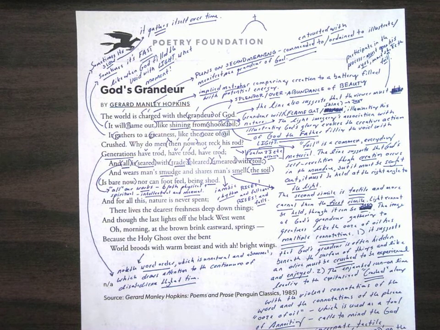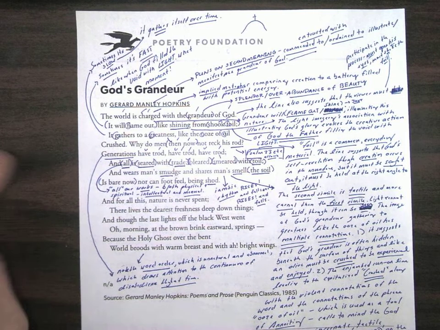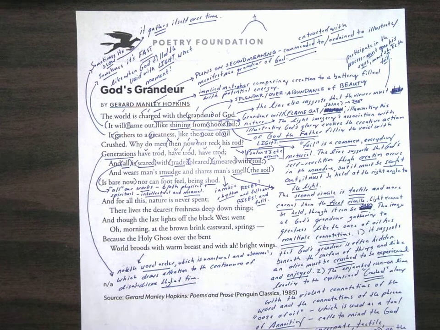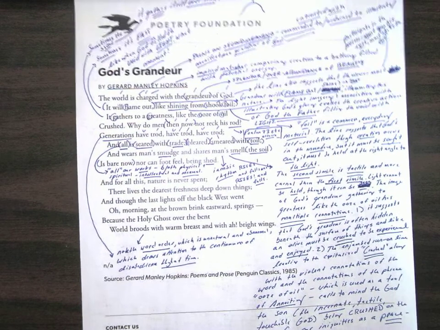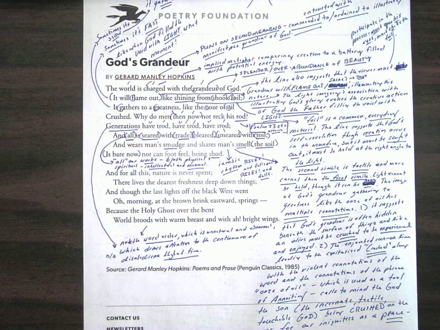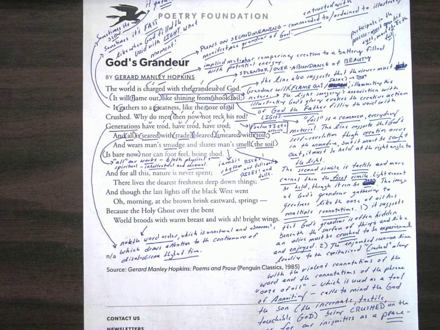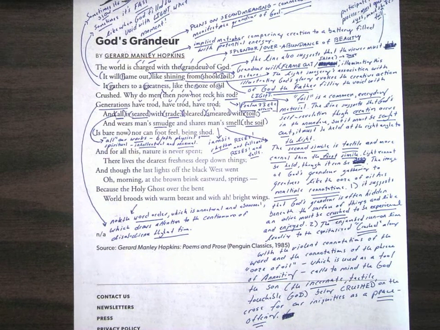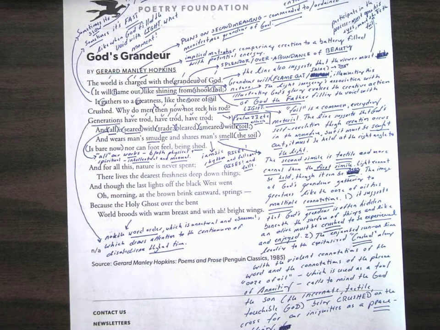It calls to mind God the Son, the incarnate, the tactile, the touchable God, the God who the disciples could come and put their hands, right, and their fingers in his nail-scarred hands. The God who healed with a touch, being crushed on the cross for our iniquities as a peace offering, as an olive branch to God the Father.